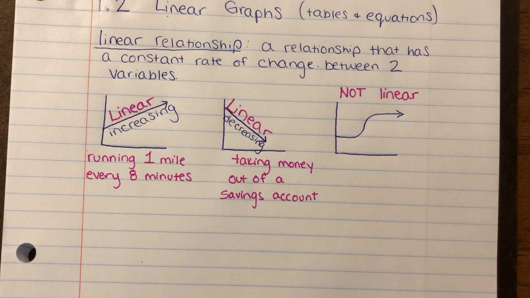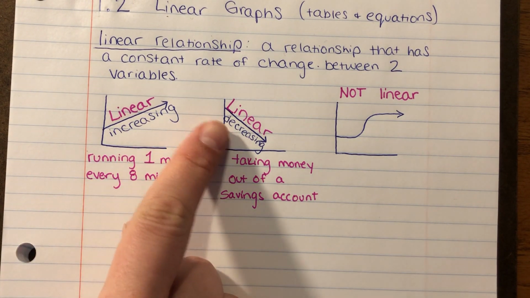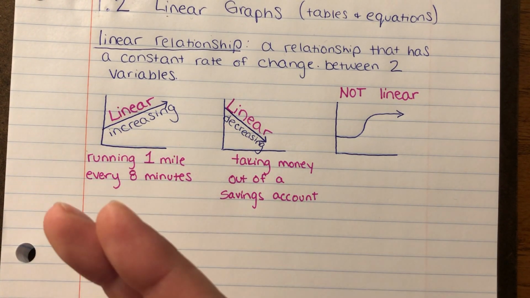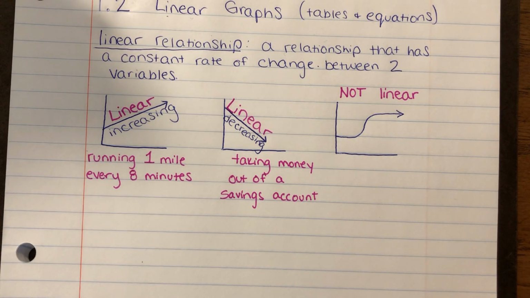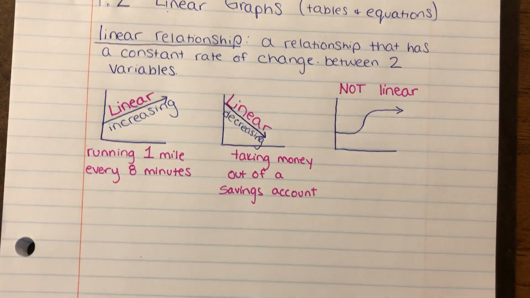So let's say that you've got some money in the bank, you've been collecting some money that your grandma has been giving you every year, and then you finally find something in a store you want to spend that money on. That would be a decreasing pattern because you're taking that money out. Let me make some room here.